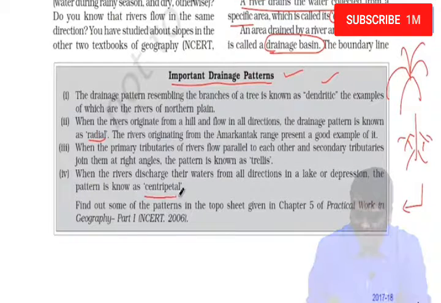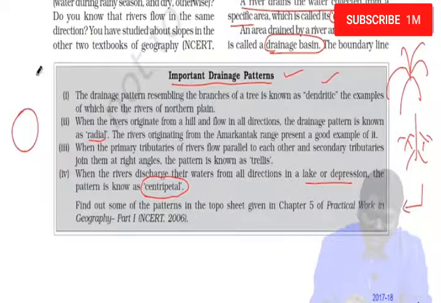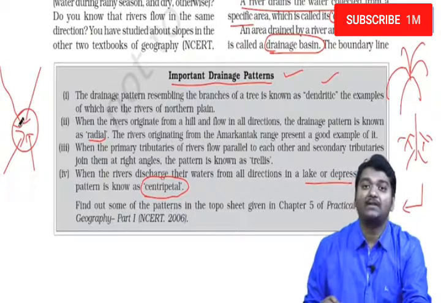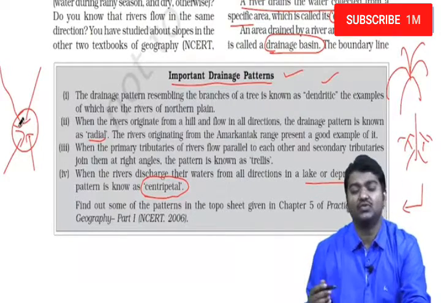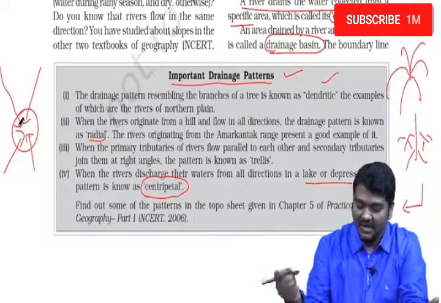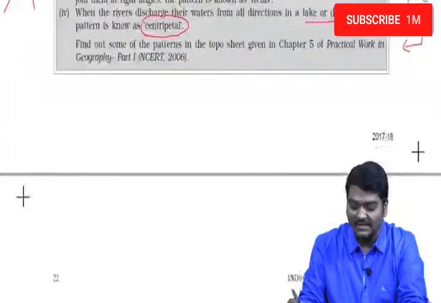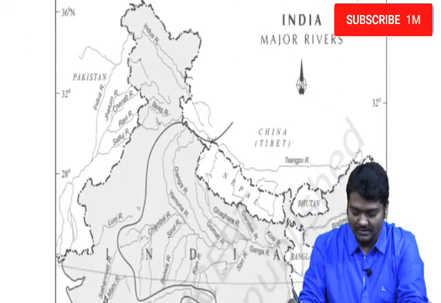And then you have centripetal, that is rivers from all the directions come and flow into a lake. Radial, from a mountain they are originating and flowing outside. Centripetal, so if you have a lake, from different parts it actually comes and joins. Usually they will be larger lakes which you observe, or sometimes seas are also considered this.